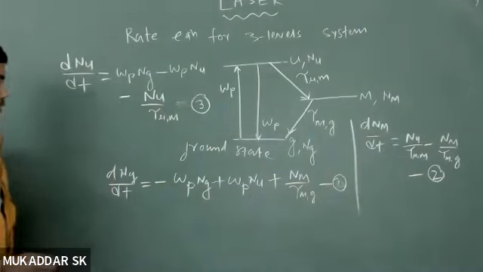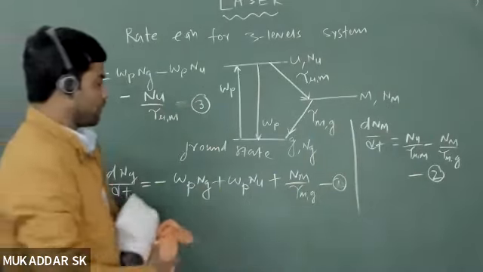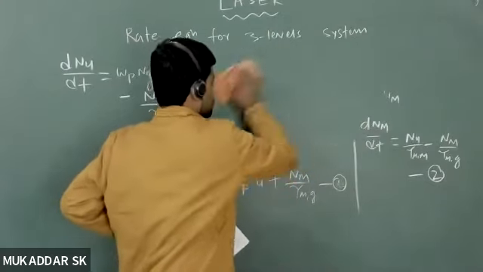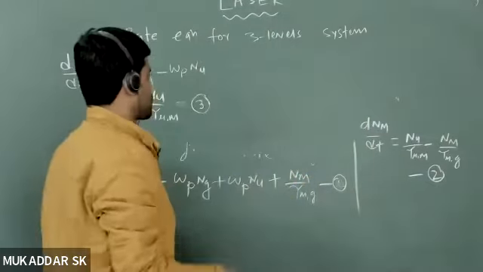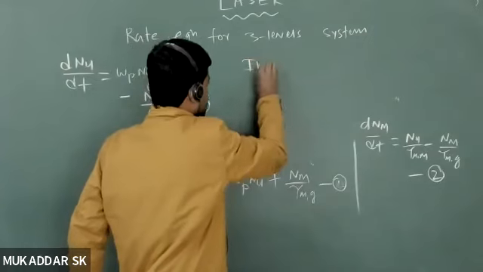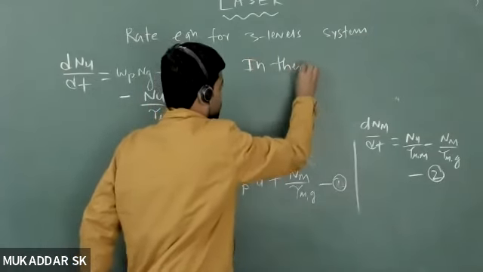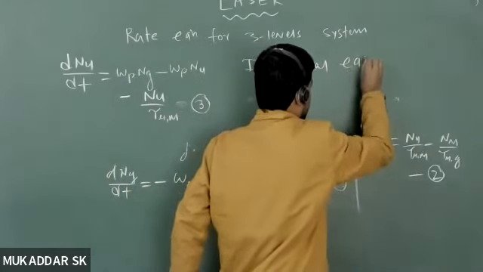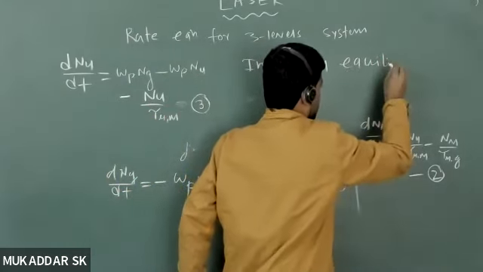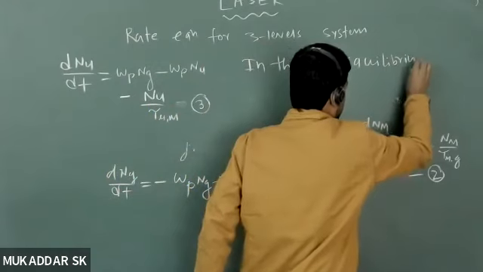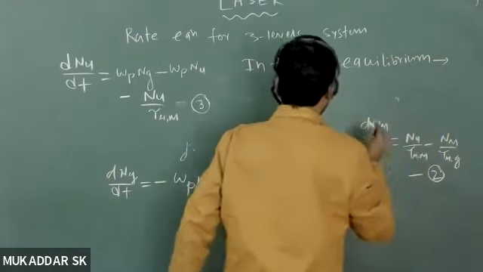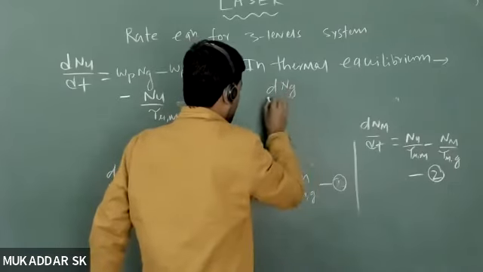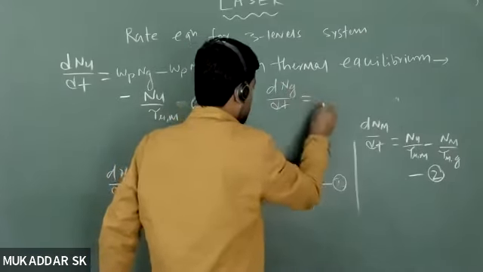Now, at thermal equilibrium, what will happen? In thermal equilibrium, the rate of change of population of all states will be 0.